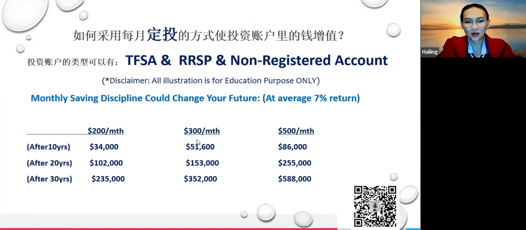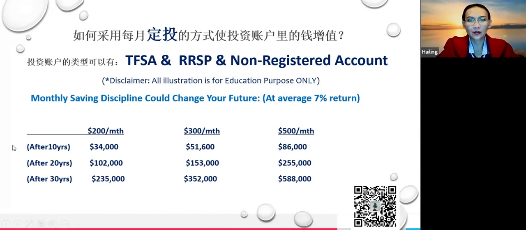Of course, this is more like sowing the seed, right? The more you sow, the more you reap. So if you put $200 per month, continue to do this with discipline and commitment, in 30 years, you will see close to $250,000.